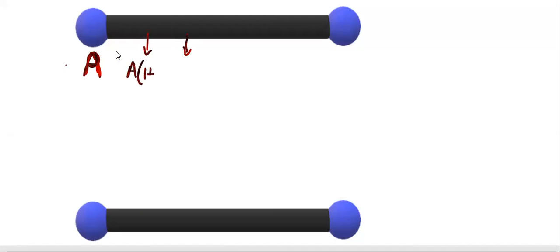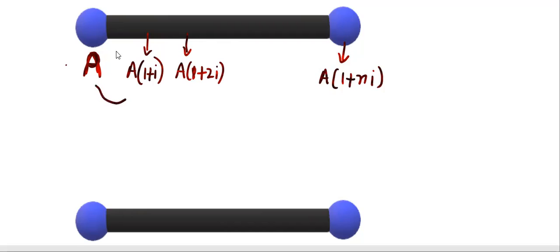In 1 year, you get interest AI on A. After 2 years, it will grow to A into 1 plus 2I. Like that, finally, we get A into 1 plus nI. This is simple interest for n years. So this is the accumulated amount after 1 year, this is the accumulated amount after 2 years, this is the accumulated amount after n years.